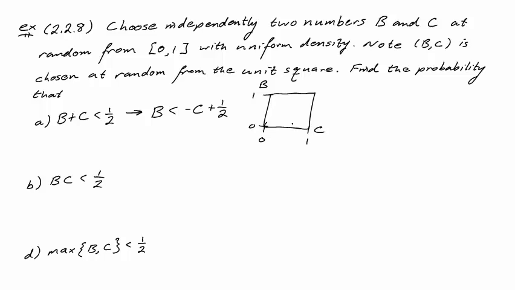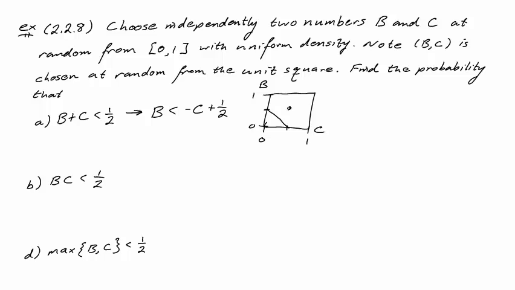On my b values, we could switch those and we get the same final answer. But negative c plus 1/2, if I were to plot the line that corresponds to that, would look like this. And then for this inequality to be satisfied, we could just pick a point in each of these regions and test it to see what happens.